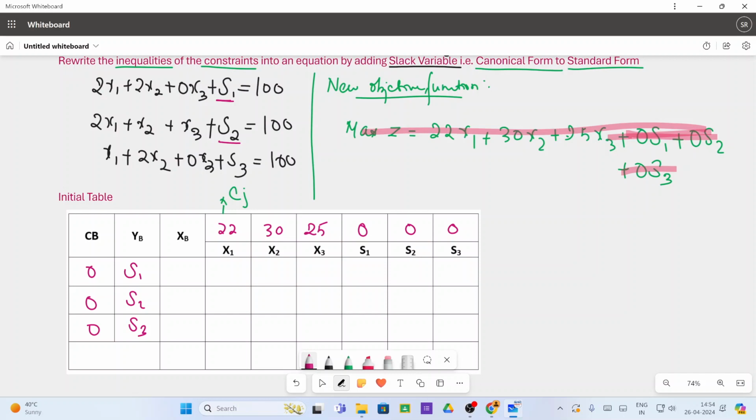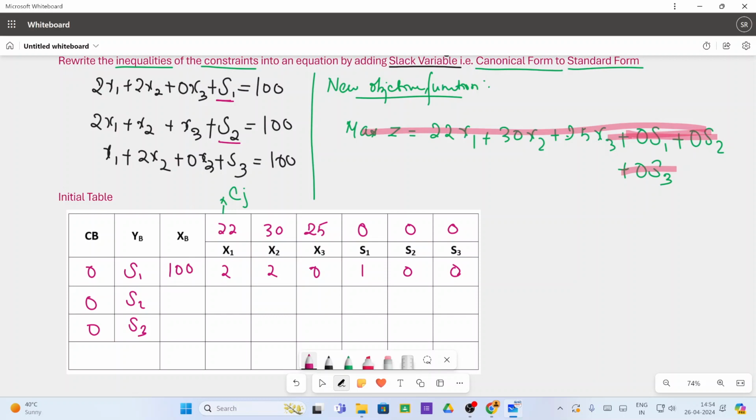First constraint: x1 is 2, x2 is 2, x3 is 0, s1 is 1, and we don't have s2 or s3 in that equation, so they are 0. After the equal to, it is 100, that is going to be your xb value.